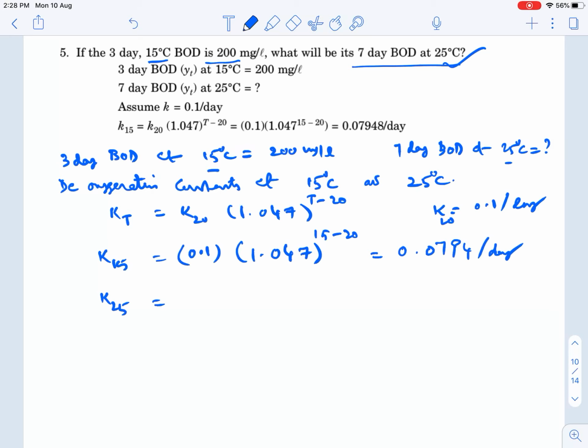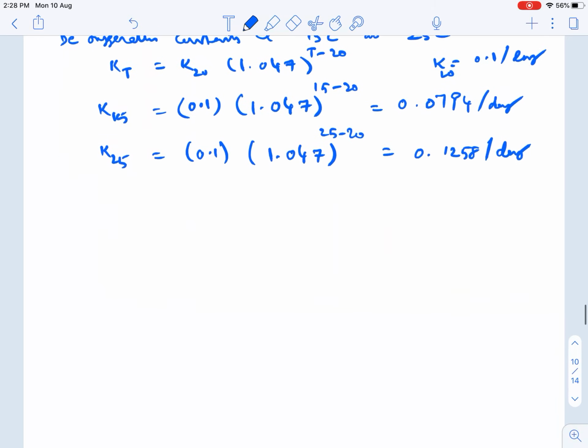Similarly, K25 is equal to, same formula you can use, 0.1 into 1.047 whole to the power of, here the temperature is 25 minus 20. So this is equal to 0.1258 per day.